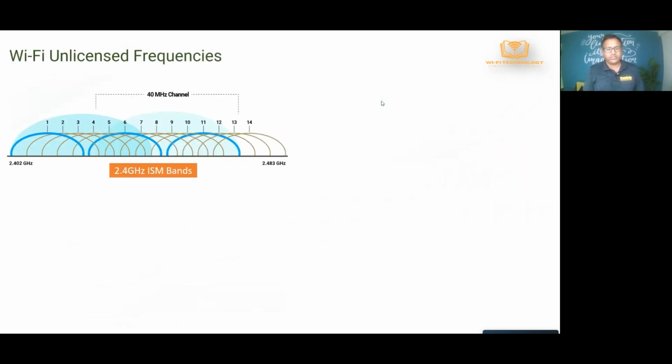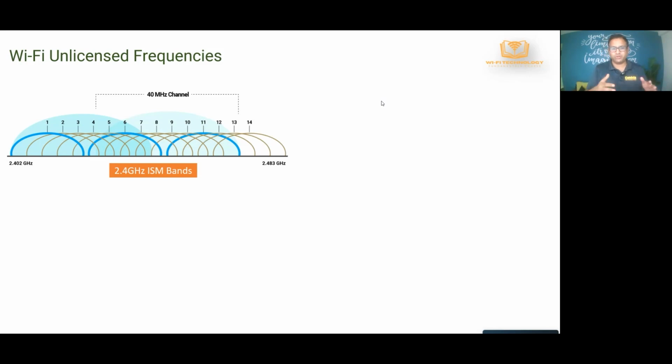Okay, so as I've mentioned here, there are 3 bands in which Wi-Fi operates. The first band that was opened up in the very early stages of Wi-Fi was called the ISM band. Within the ISM band, about 80 megahertz of spectrum was opened up between 2.4 gigahertz and 2.48 gigahertz.